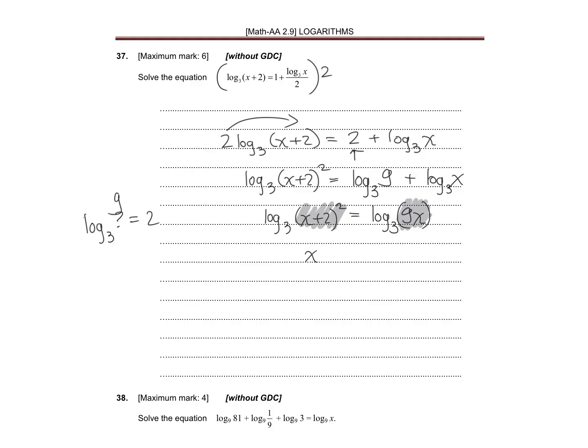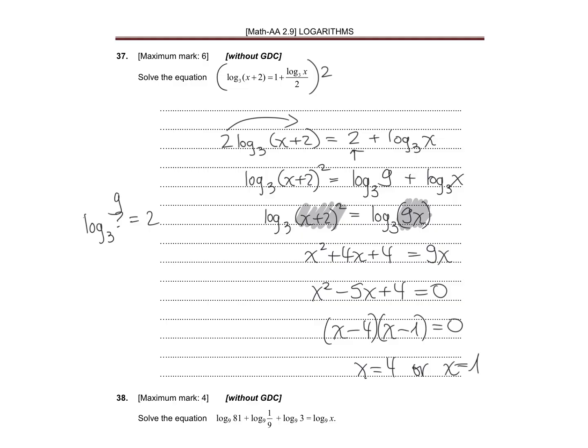So if we expand the x plus 2 squared, that's going to be x squared plus 4x plus 4 equals 9x. Subtracting 9x, we're going to have x squared minus 5x plus 4 equals 0. And then if we factor, we have this. So either x is 4 or x is 1, and both of those work.